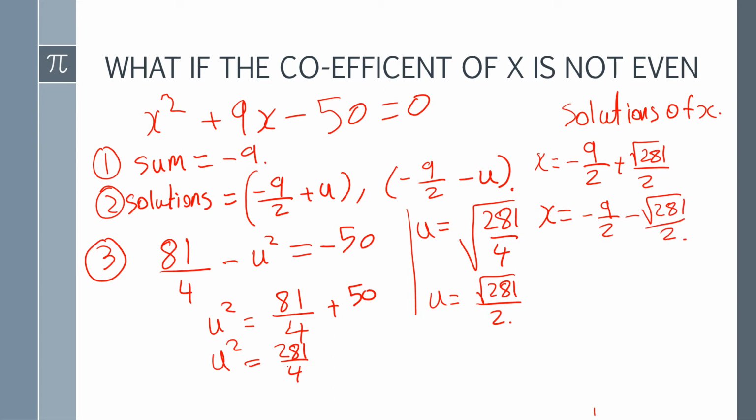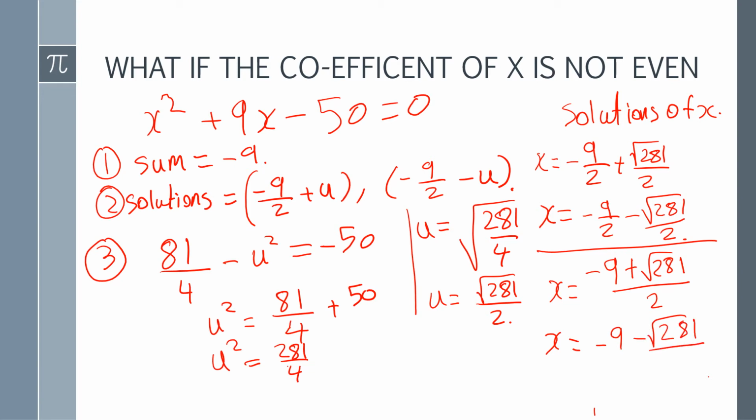If you simplify it, you're going to get x equal to minus 9 plus square root of 281, the whole thing divided by 2, and x equal to minus 9 minus square root of 281, the whole thing divided by 2, sorry.